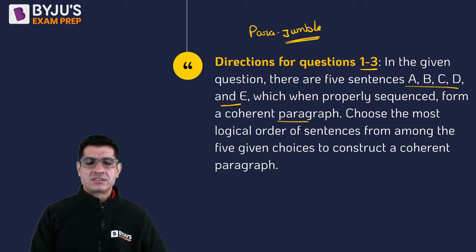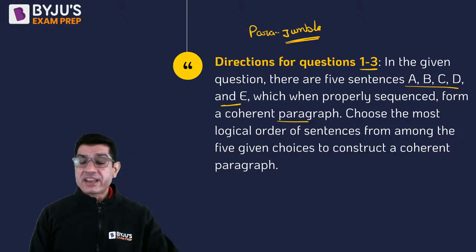So why are we starting with para jumbles? Whenever I used para jumbles over the last couple of sessions, I noticed that the accuracy rate of people was relatively on the lower side. So let's just check.